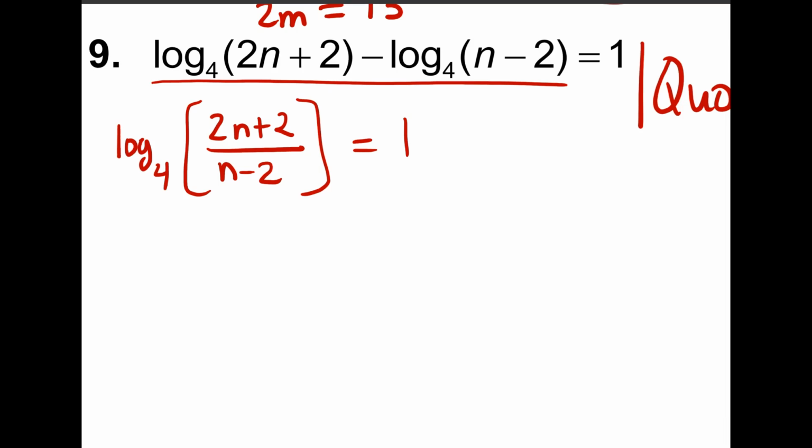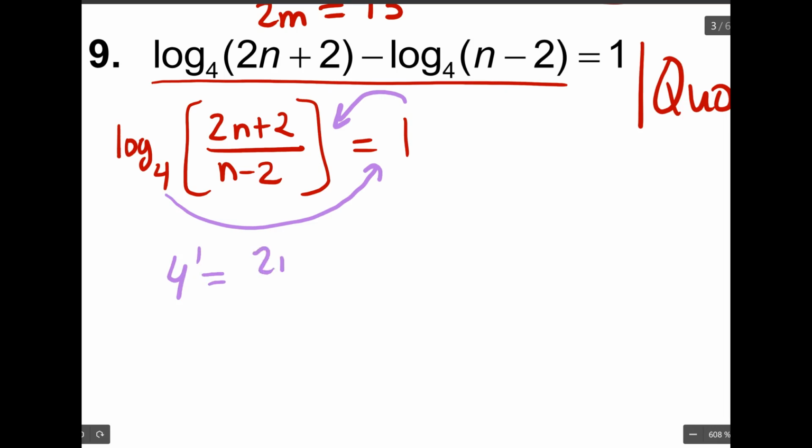Okay, now what? Yep, we go ahead and we solve it. 4 to the first power is going to equal 2n plus 2 over n minus 2. So I can multiply both sides by n minus 2.